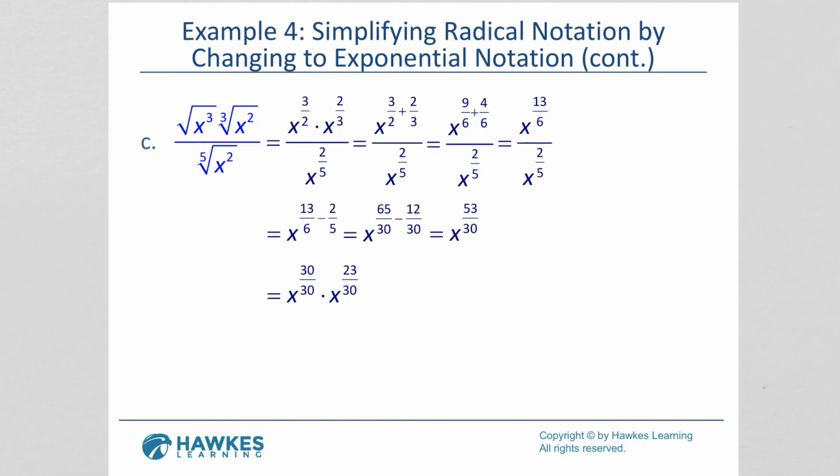Now that's x to the 30/30 times x to the 23/30, which is x times x to the 23/30. And here we just wanted to make sure that we have 1 plus the fractional piece, which gives us x times the 30th root of x to the 23rd.